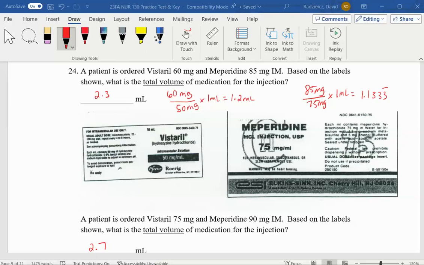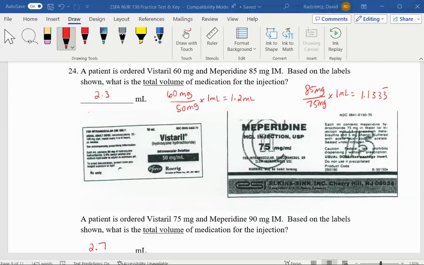And as long as you know how to do either ordered over available times quantity, or you know how to do dimensional analysis and you're getting consistent answers, you're doing it correctly. So the only thing that, like I said, is going to change is what the label says and then the orders, right? And that's consistent through all these questions.